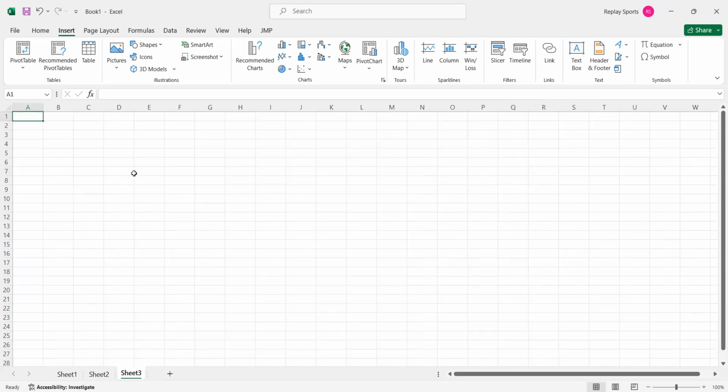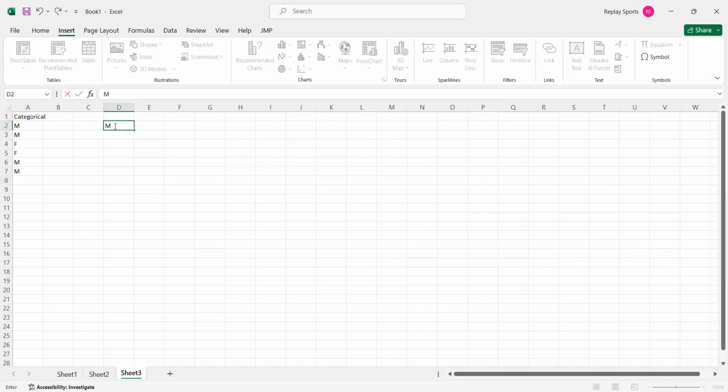Now, what happens when you have a categorical value? If you have one categorical value, then a simple bar graph is good enough. So if you have gender, right? Male, male, female, female, male, male. Then what we do, we count. We say male equal to 67 and female equal to 137.